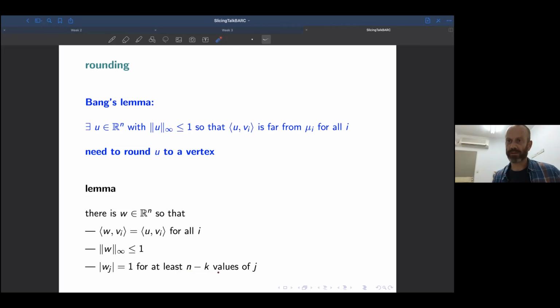Does it make sense? Little bit. Okay, so this is the rounding part.